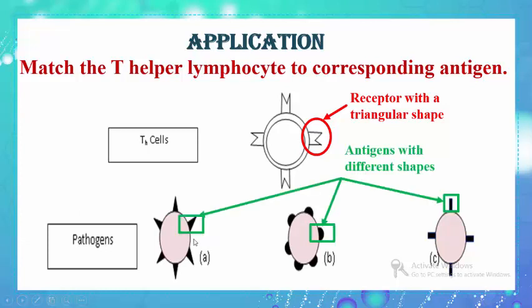Pathogen A represents a triangular antigen, pathogen B represents a circular antigen, and pathogen C represents a rectangular antigen. Which pathogen do you think this T helper cell will bind to? Observe them clearly, please. Great, it's pathogen A, where there is clearly complementarity between its antigen and the receptor of this specific T helper cell.